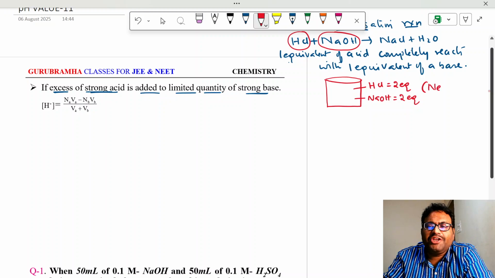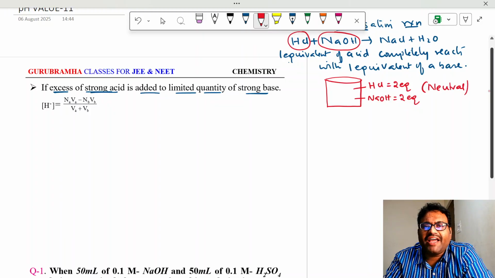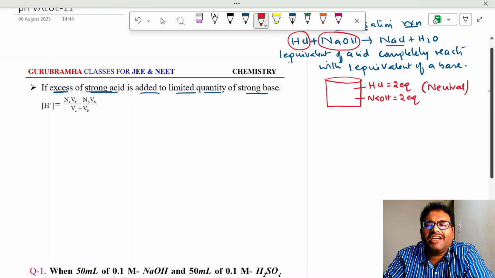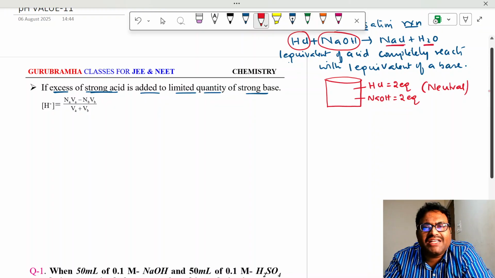It will be neutral. Why? Two equivalents of acid completely react with the two equivalents of a base to form salt and water. There is no acid remained and there is no base remained. So now the solution becomes neutral.